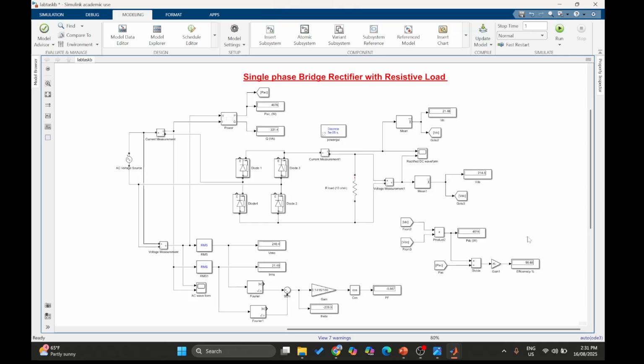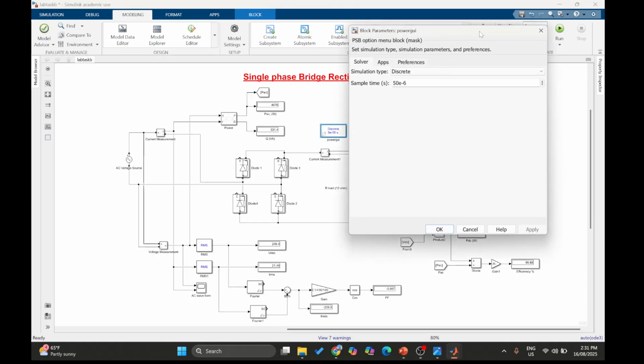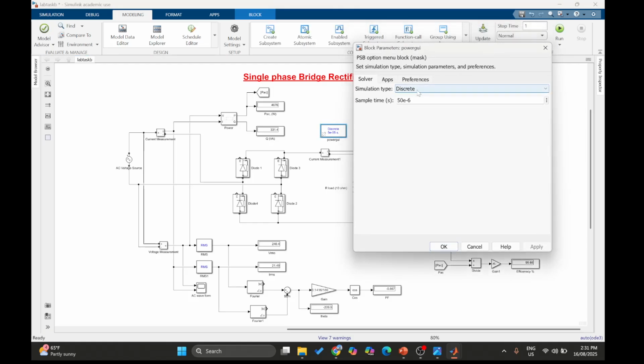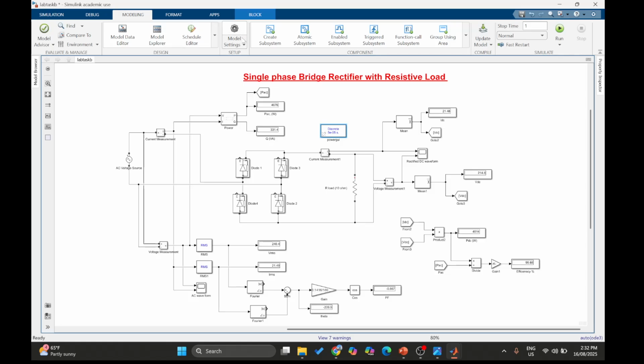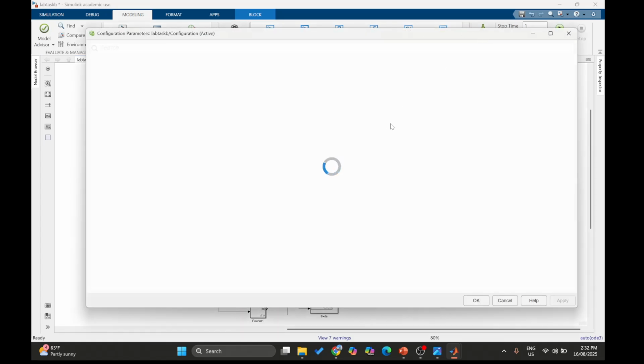Okay, and one more thing, I'm using a powergui from Simscape, then changed my solver to discrete and sample time this much and apply OK. And I'm going to change some values in the model settings.